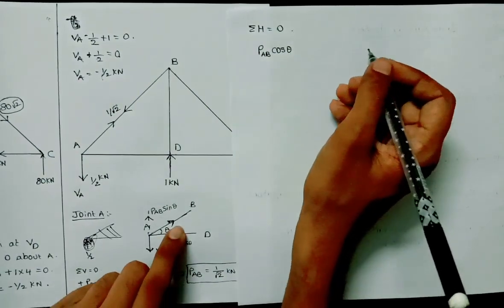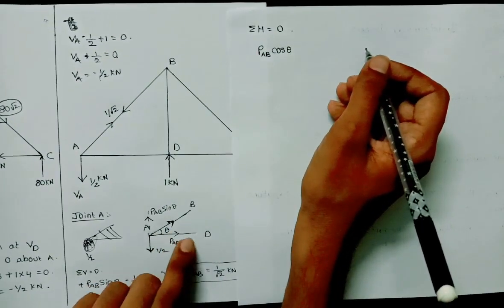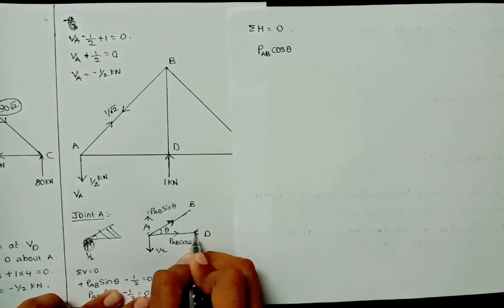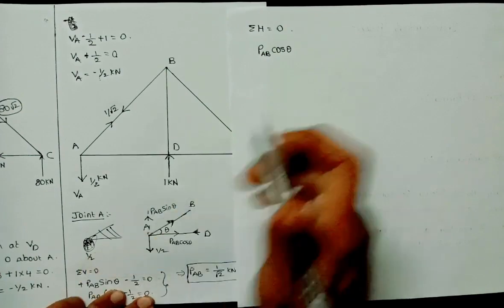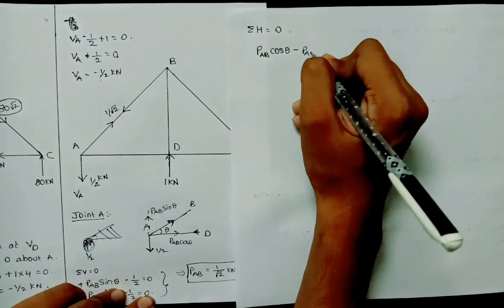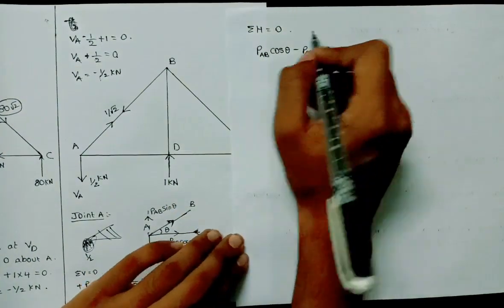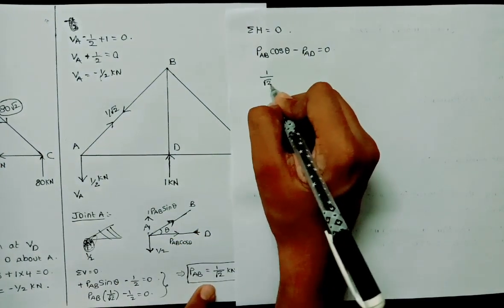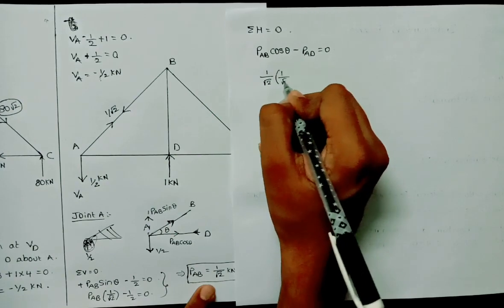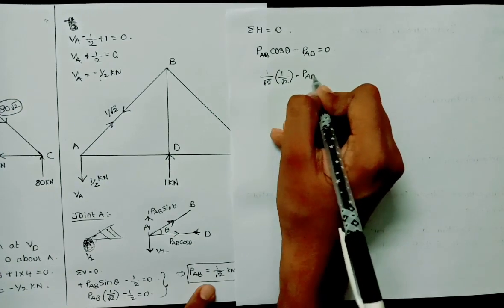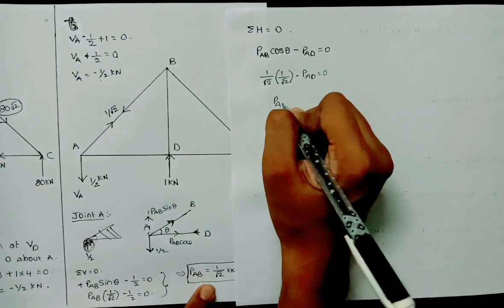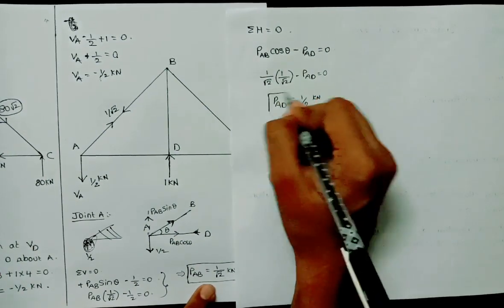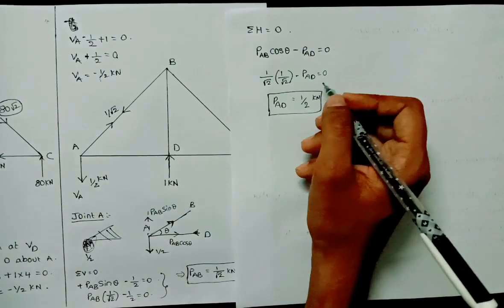This is resolved, and the force in member AD, I will assume in this direction towards left, so minus PAD equal to 0. Substitute the PAB value which we have obtained previously, 1 by root 2 into cos theta, which is again 1 by root 2, minus PAD equal to 0. PAD is 1 by 2. PAD we got 1 by 2 kilonewton.